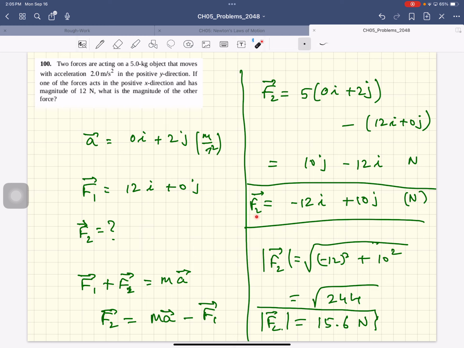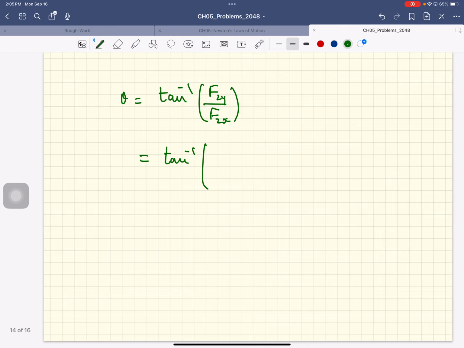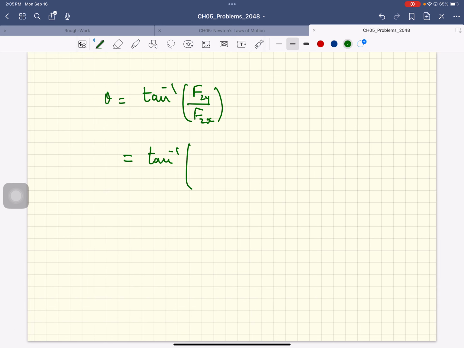Okay, so F2 is in the second quadrant. Okay, so your calculator will give you this angle.